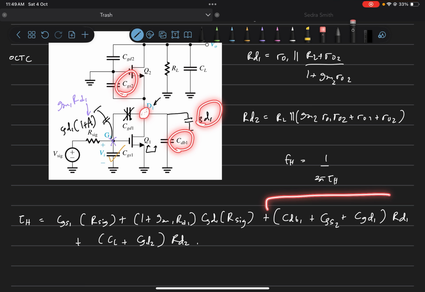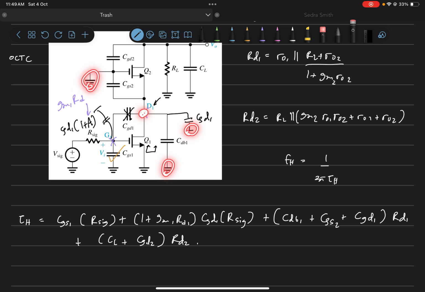We club these three, open circuit everything else, and find the impedance seen from D1 to ground, because the other node is already grounded. That impedance will simply be RD1, which we have already derived. So we'll have this expression.